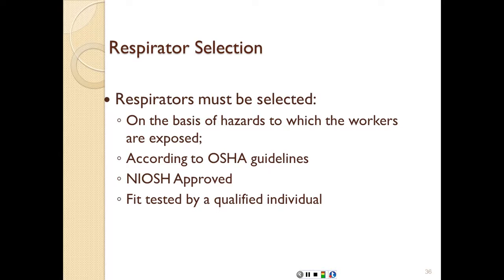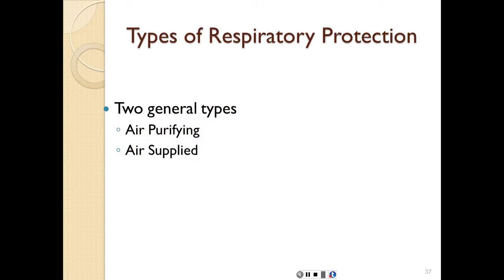Again, if you're going to have a respiratory protection device, it has to fit your face to prevent any leaks, for example from the sides, because if these gases or toxic fumes leak beyond that gas mask or respiratory protection device, then it's totally useless.